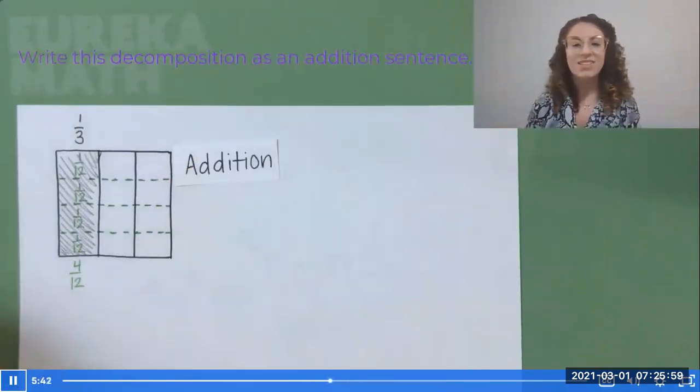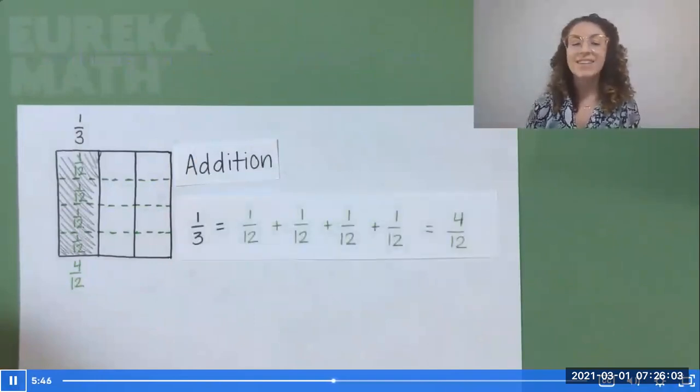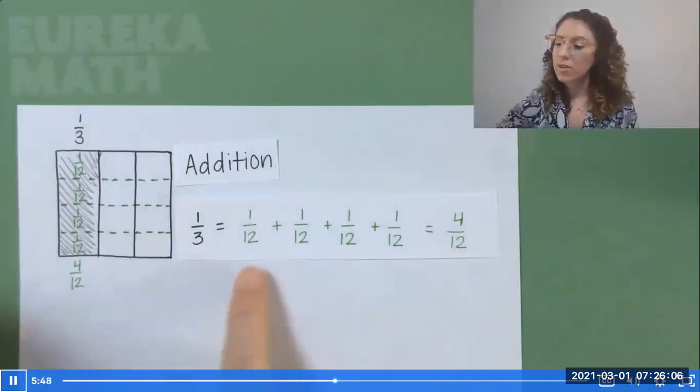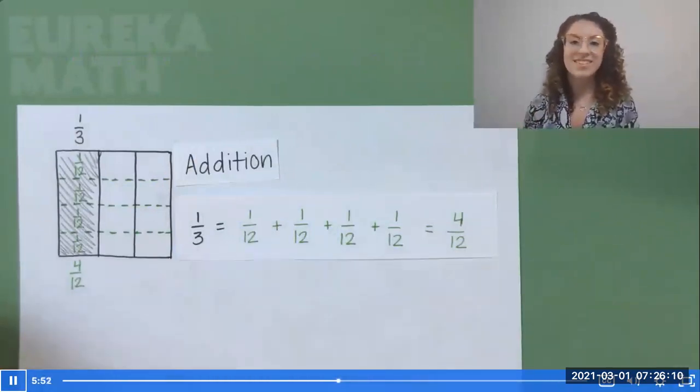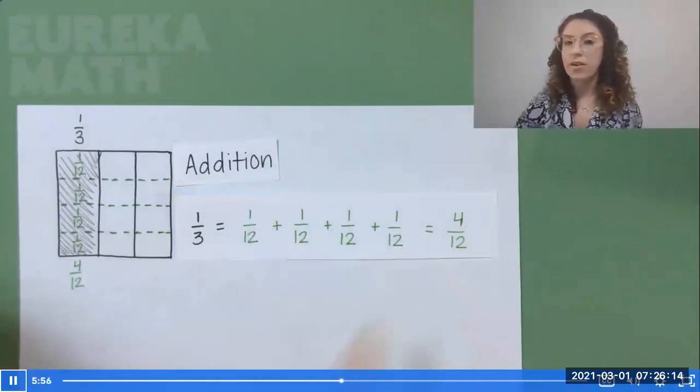How can you add the units to show their relationship? The units we add to make 1/3 are twelfths, and we add 4 of them together, which makes 4 twelfths. Again, I'll use parentheses to show that these 4 twelfths came from 1/3.